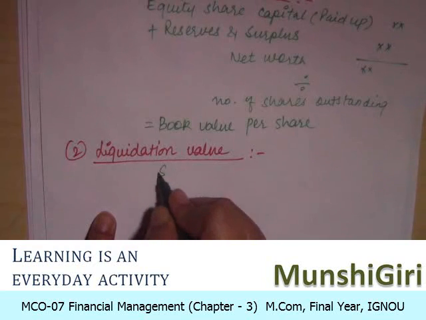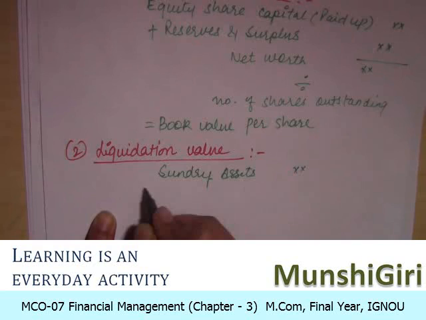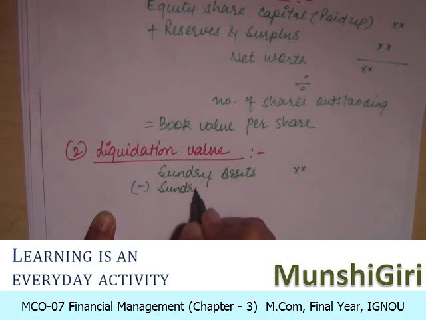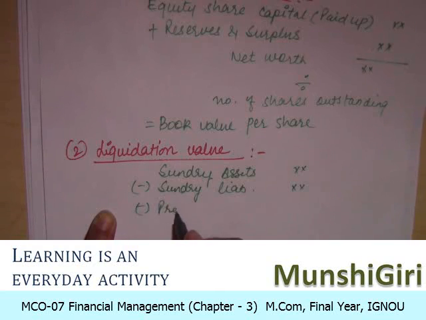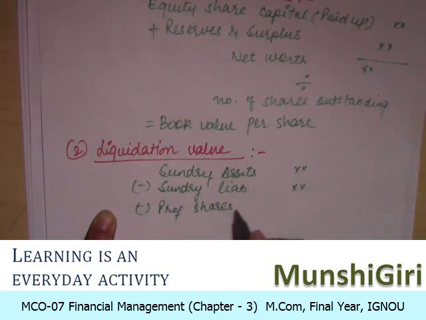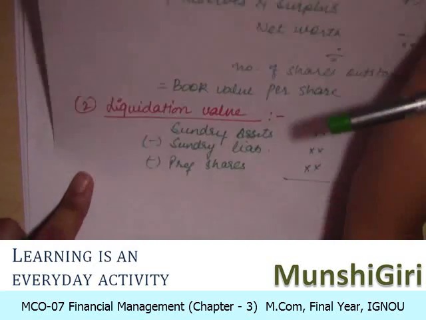In short, we can say sundry assets minus the sundry liabilities minus the preference shares. So this leaves us with the amount available for equity shareholders.